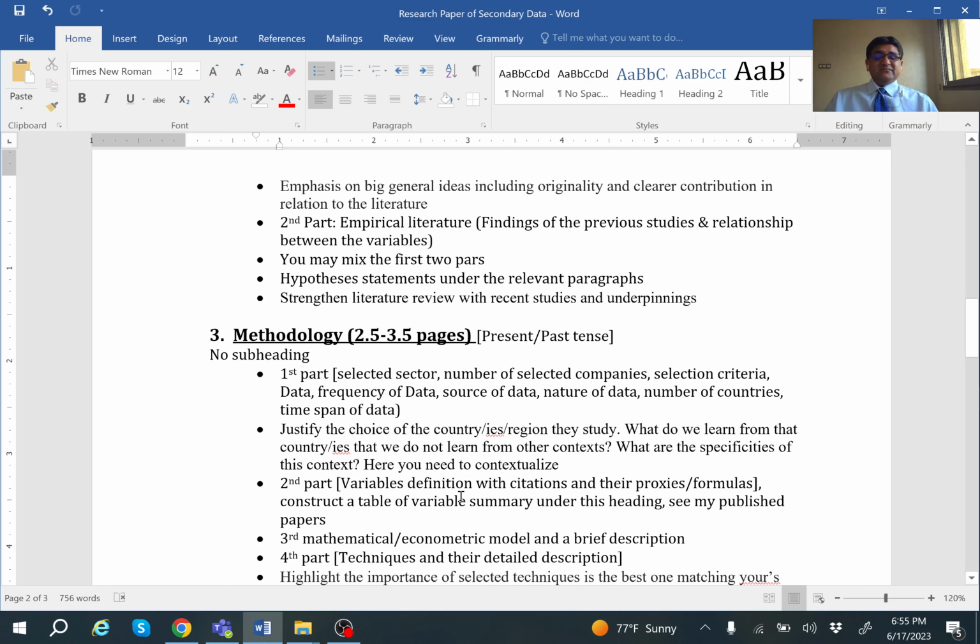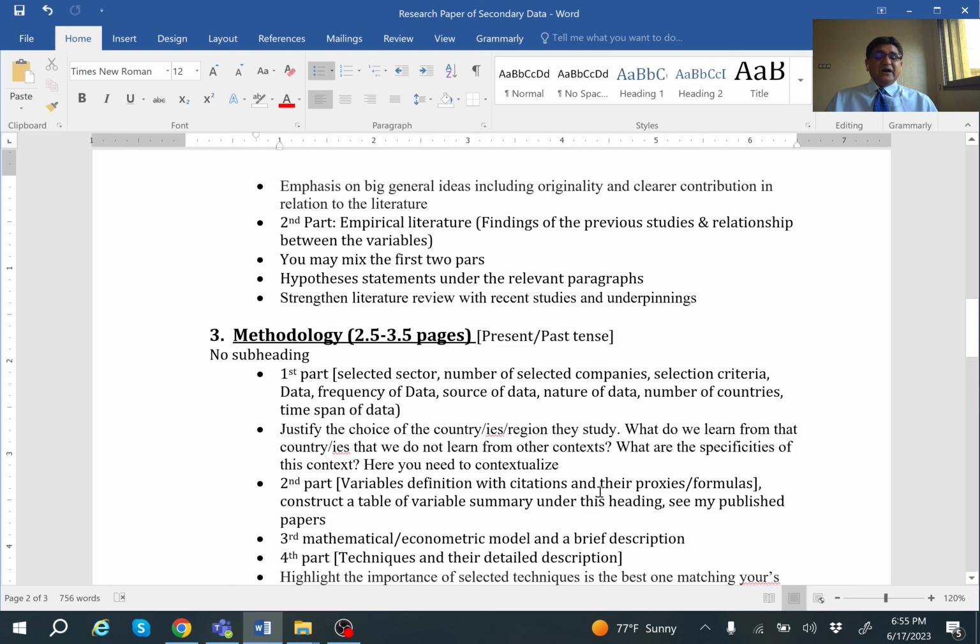Next we have the variable description. Here we discuss the variables with proper citations. We define the variables, we write the formulas, we write the proxies of the variables and how these variables are constructed, with proper citation.